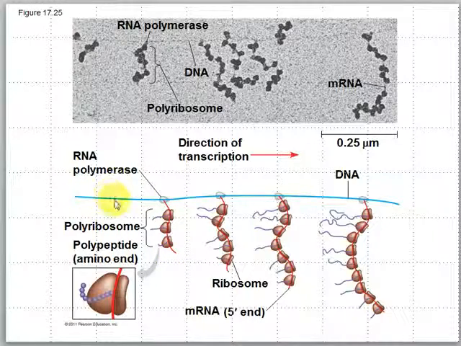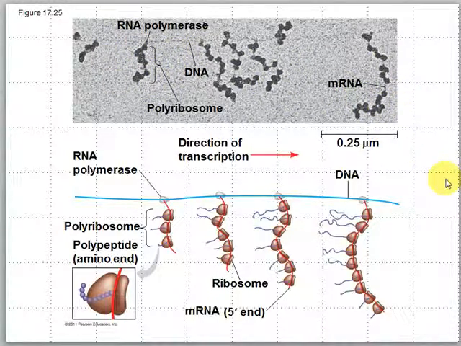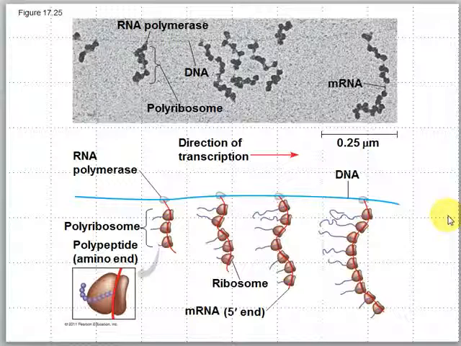As that RNA polymerase moves along the DNA and creates the messenger RNA, the ribosomes are already on that messenger RNA spitting out those polypeptide chains. So we have transcription and translation happening all at the same time, all in the same place, and you get to see it through the microscope right here. Of course, we know in our cells, in the eukaryotes, it's different. We have transcription happen in the nucleus, and then we move out to the cytoplasm for translation.